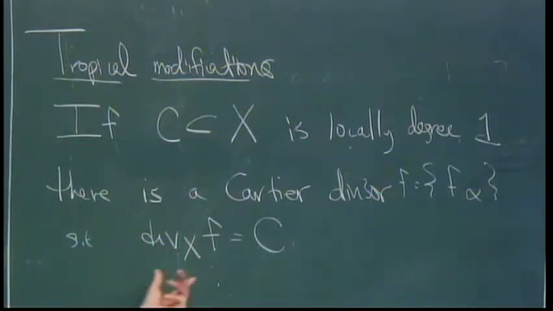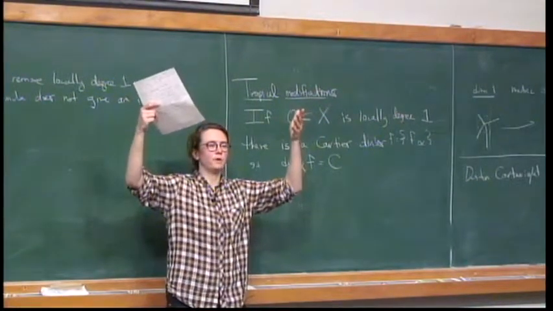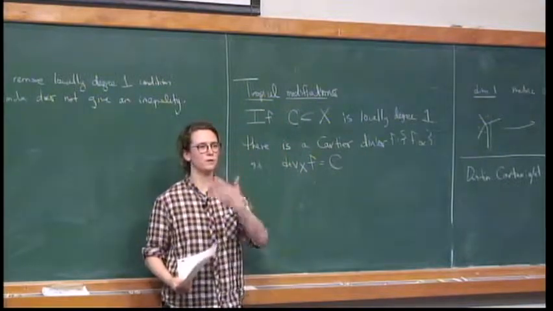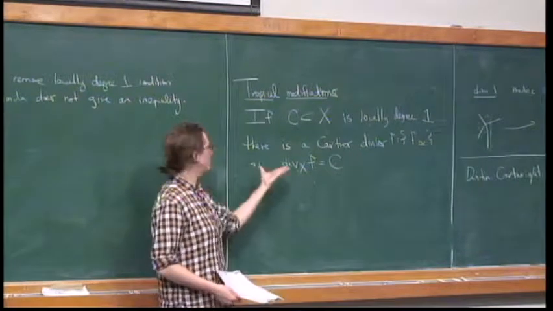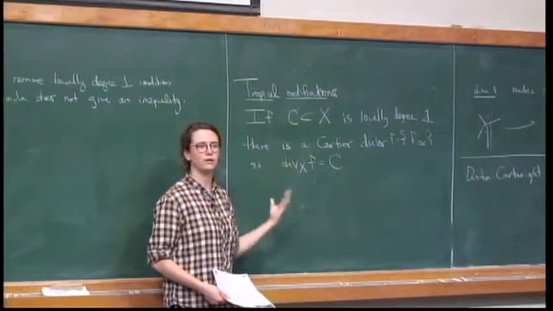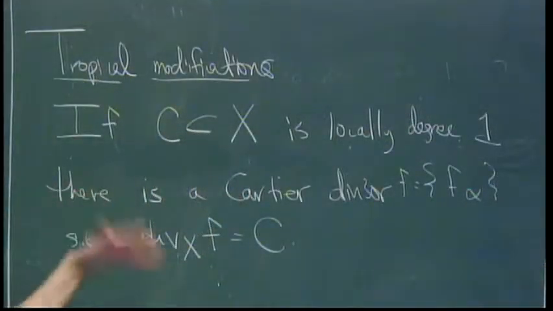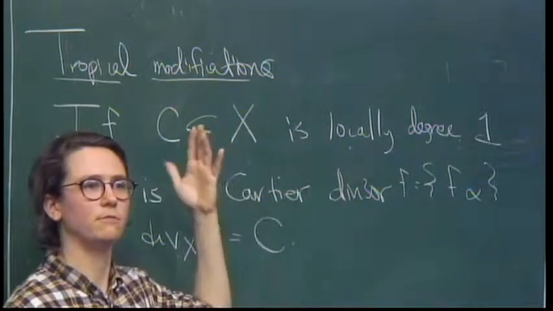We saw with Lucia that if you have just one regular function, or even a rational function, you can take the graph, do this modification. You take the graph, you add in the extra faces so that you get something that's balanced, and then you get another tropical variety. And so basically, you can do this tropical modification in each chart and cook up a whole new tropical manifold. The reason why you get a tropical manifold is that you have to show that you get charts and that everything glues. But the reason why it's smooth is because of this locally degree 1 condition.